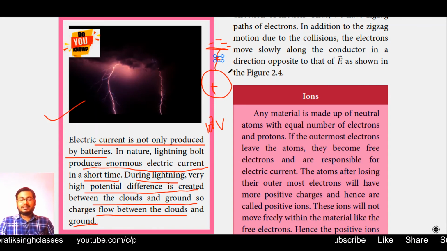So it creates a very loud crackling sound. So this is the phenomenon of lightning, and that is the natural process of producing enormous electric current.